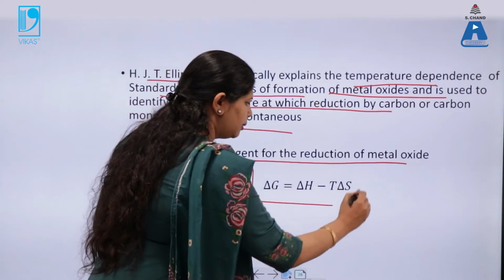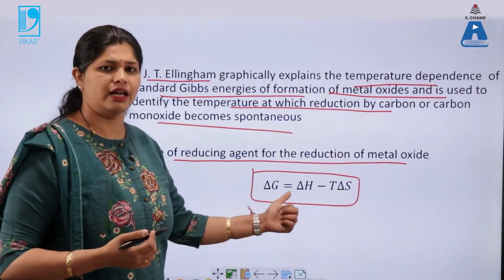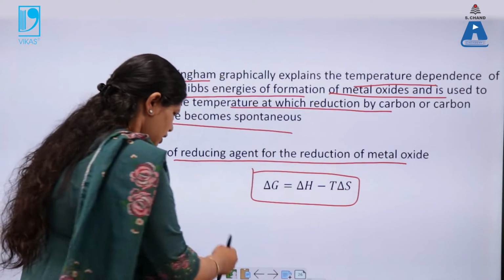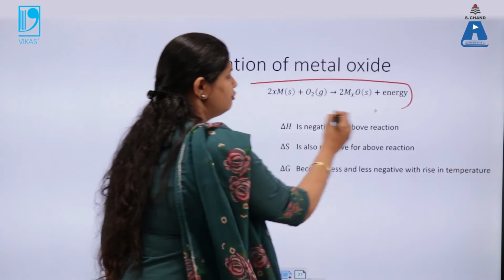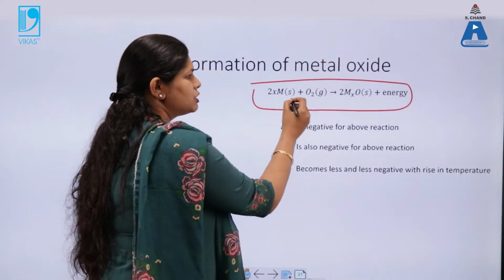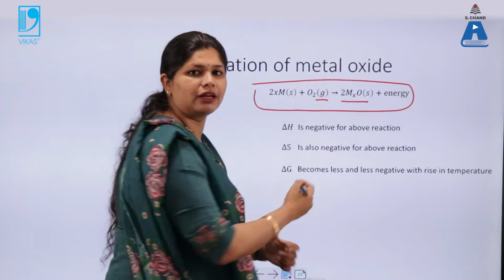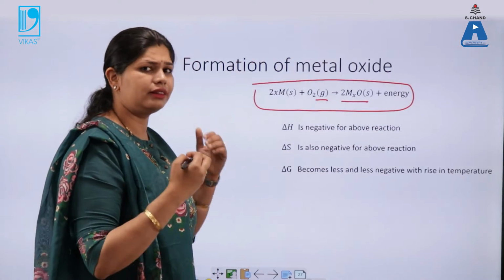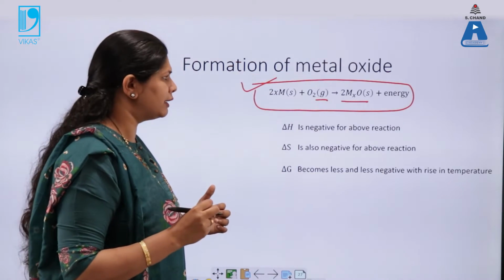We know from thermodynamics that Gibbs free energy change for a chemical reaction is delta H minus T delta S. If we make the reaction for formation of metal oxide, it is metal solid reacting with oxygen gas and forming metal oxide solid. This reaction is the basis of the formation of metal oxide.